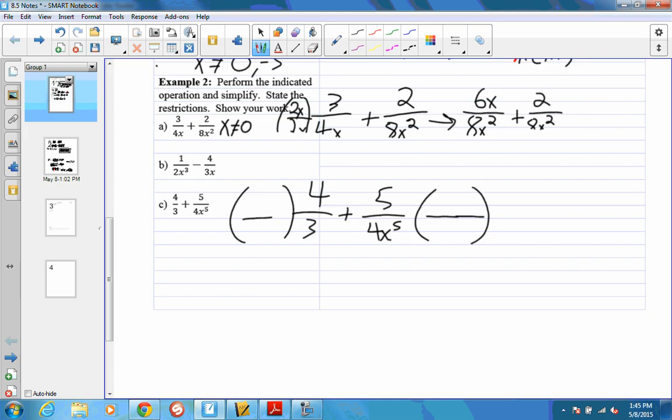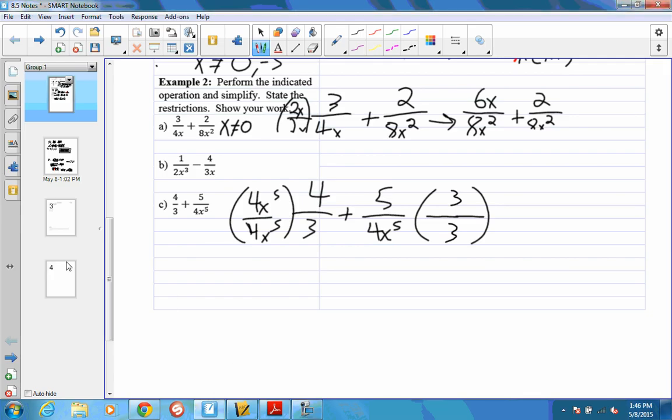So what am I going to multiply each side by? What did I multiply the left by? 4x to the 5th over 4x to the 5th, right? What did I multiply the right side by? 3 over 3. Yeah, that should work, right? What does that leave me with? Over 12x to the 5th.